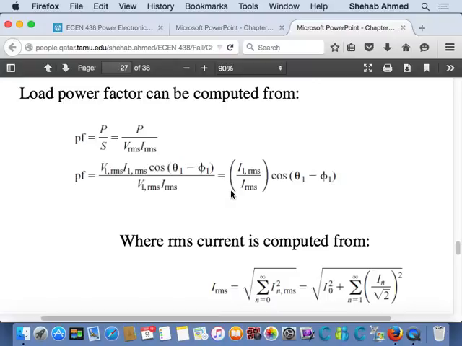You are charged for a poor power factor. As an industry, the utility gives you a guideline that tells you, okay, you cannot bring your power factor below 0.9 or 0.95. I don't know what the guideline is here, and it will differ at different voltage levels. At the distribution level, which is 240 volts or 480 volts, they would allow a certain amount of distortion and a certain value for power factor.